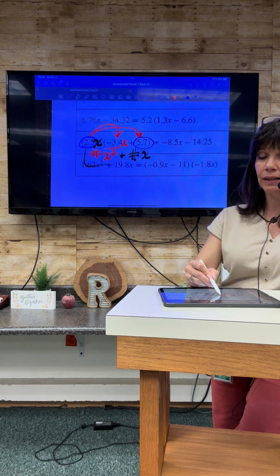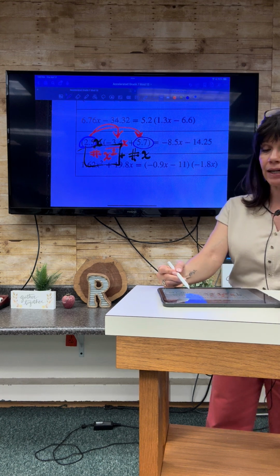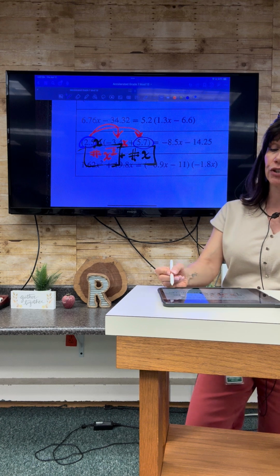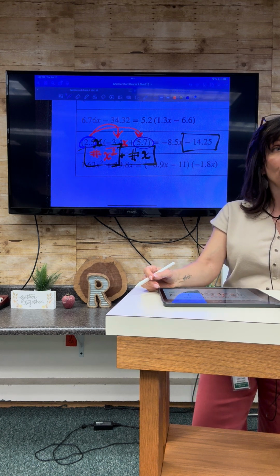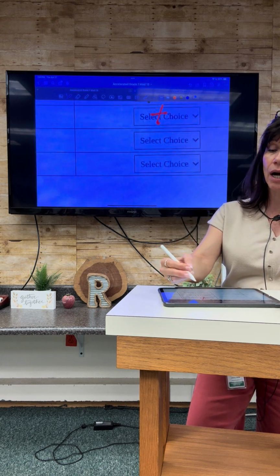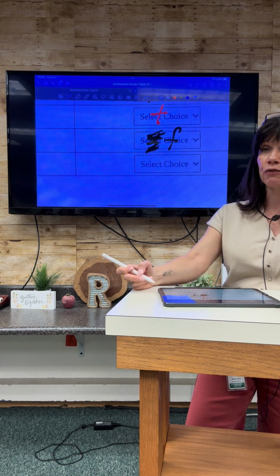If what I got in my red section was negative 8.5x, I'm good to go. If what I got in my black section was negative or minus 14.25, I'm good to go. And if both are correct, I would pick true. If they are not both correct, I would pick false.